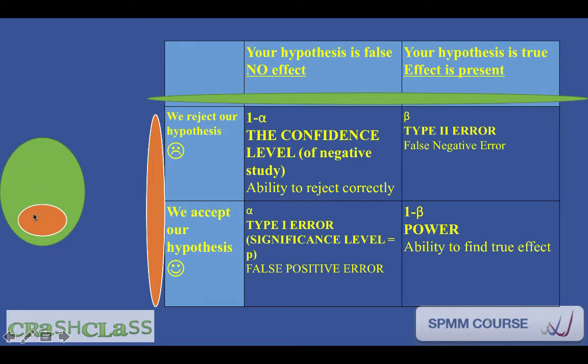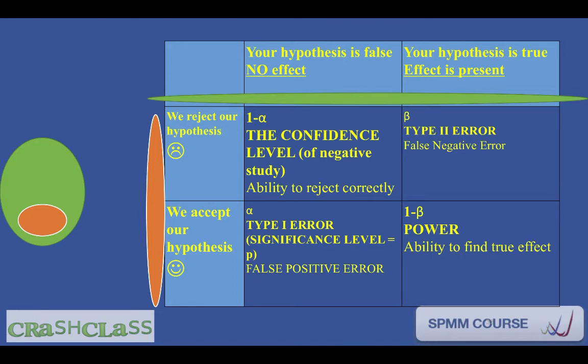Your sample is quite representative of the population. Your sample has the ability to detect the difference that is coming from the whole population. So power is defined as the ability to find an effect if the effect really exists. That's called power, and we want to keep that at 80%.